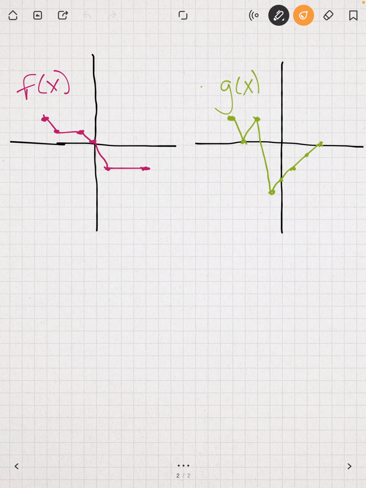So let's go ahead and look at this example. Here we have f of x on the left and g of x on the right.